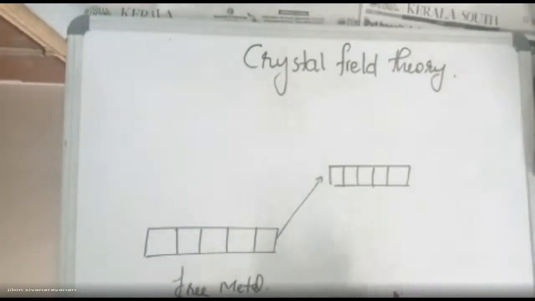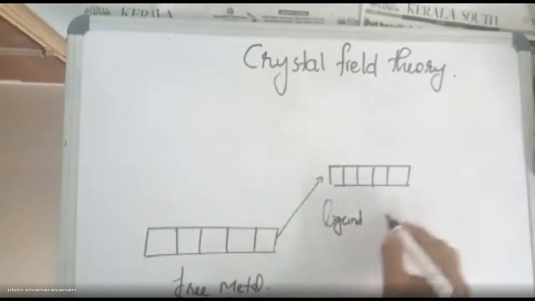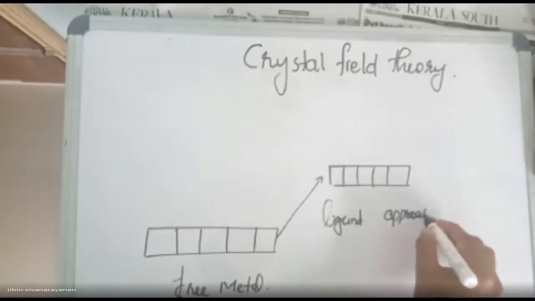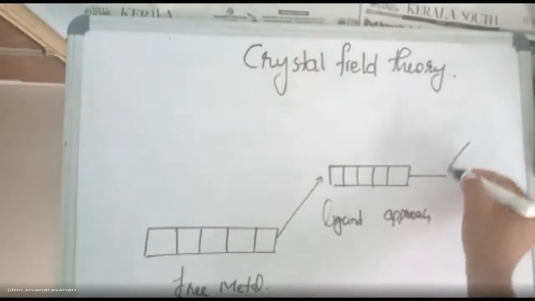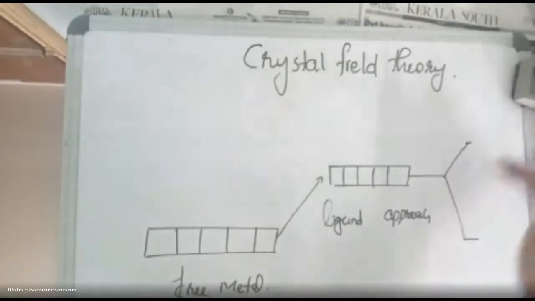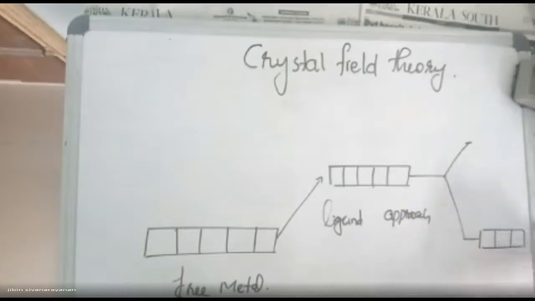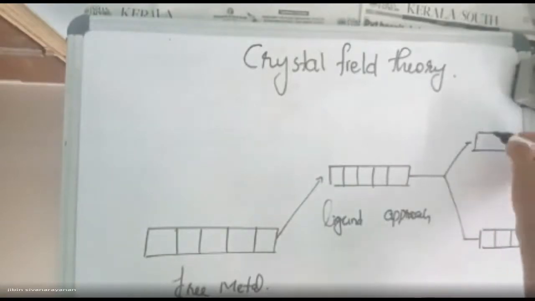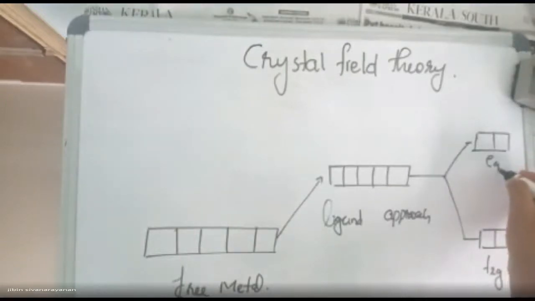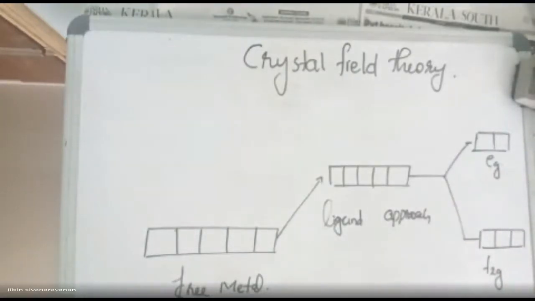After the complexation, some energy would come lower, and some would go higher. This set we are naming as T2g, and this set we are naming as Eg.